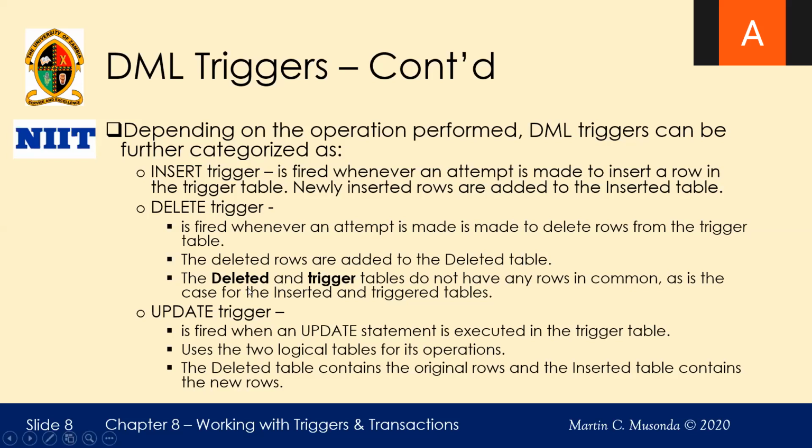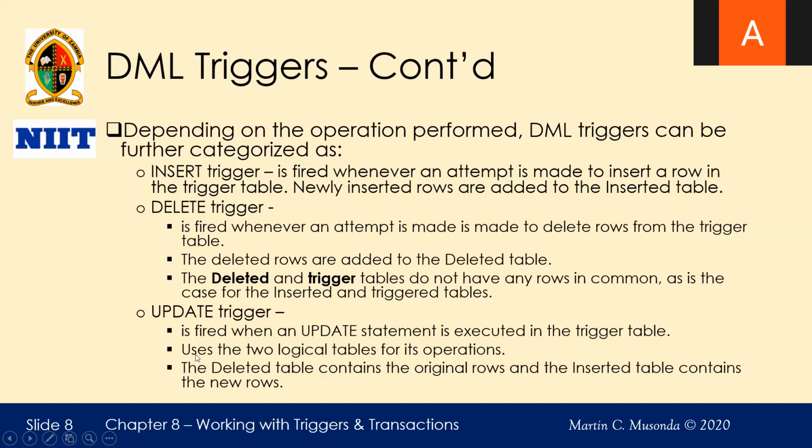The deleted and trigger table do not have any common rows, as is the case for the inserted table and triggered table, which I was trying to explain. Update trigger is fired when an update statement is executed in the trigger table.